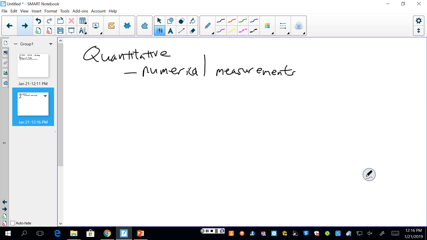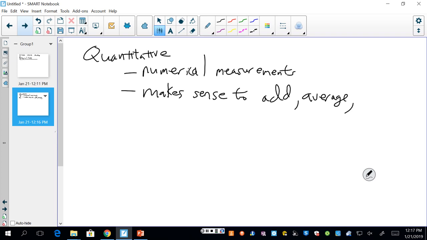For quantitative variables, it makes sense to take averages or add them up. They're on some absolute scale where it makes sense to compare numbers and distances between numbers. So for these type of numbers, it makes sense to add them, to average them, maybe take differences between two numbers, and that's a meaningful quantity. Sometimes we will scale things, like change from Fahrenheit to Celsius, or some other measurement scale.